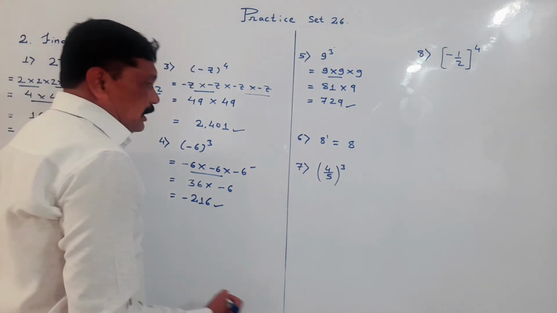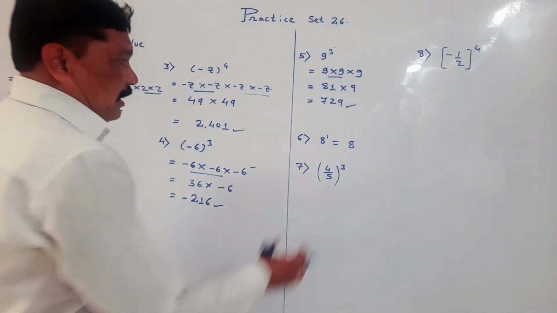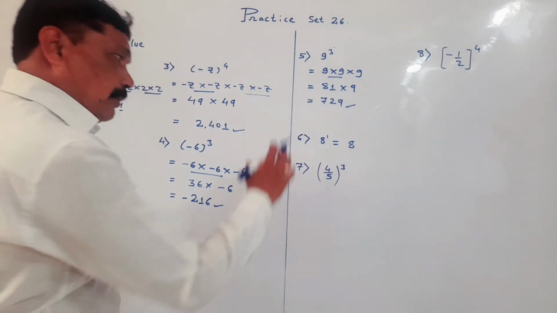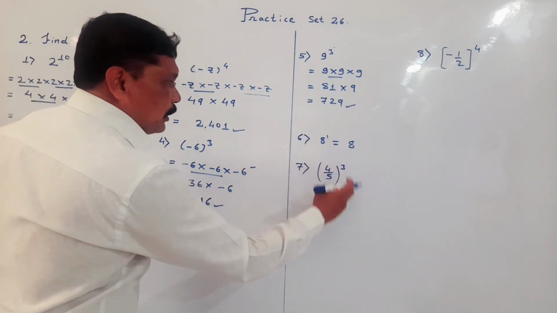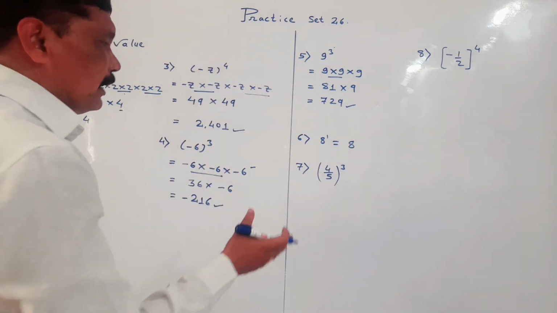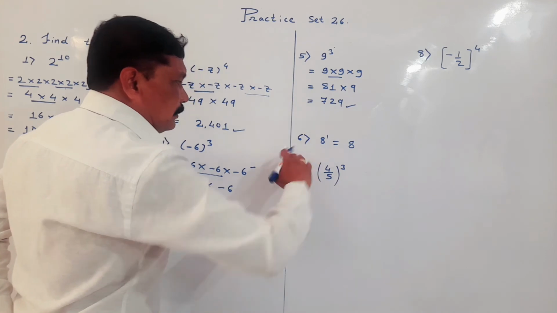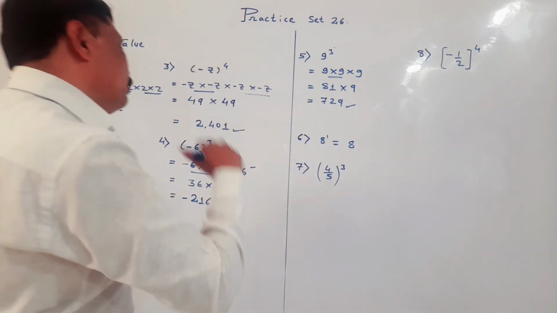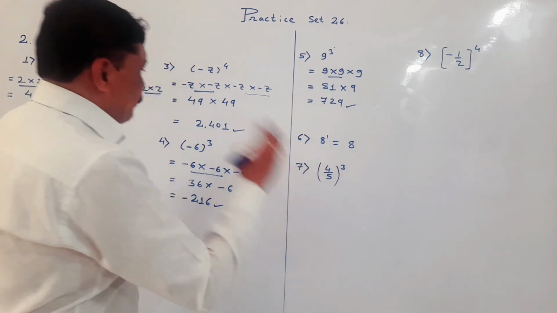My dear student, here we have a fraction, and to this fraction we have put a bracket, and the bracket tells us that 3 belongs to both 4 and 5, together 4 by 5 bracket 3. So 3 belongs to the fraction 4 by 5.